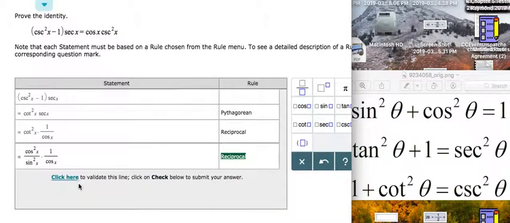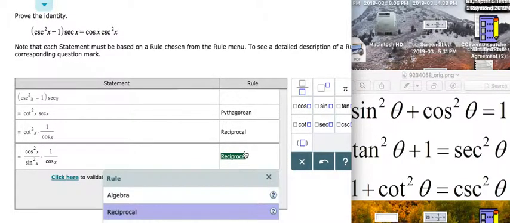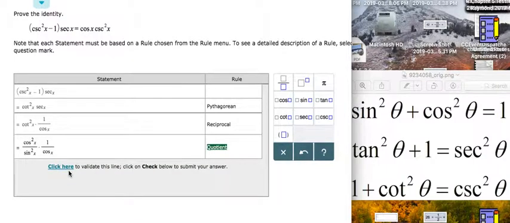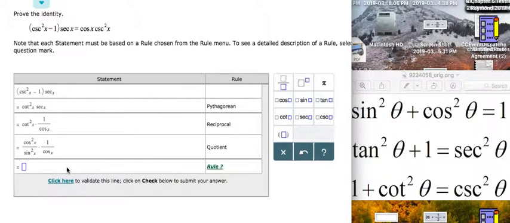Rule there is still reciprocal. Sorry, Alex calls this the quotient, and you can't quite see it. Let me zoom out. Alex calls the one on the left we just used, that cotangent is cosine over sine, the quotient rule.